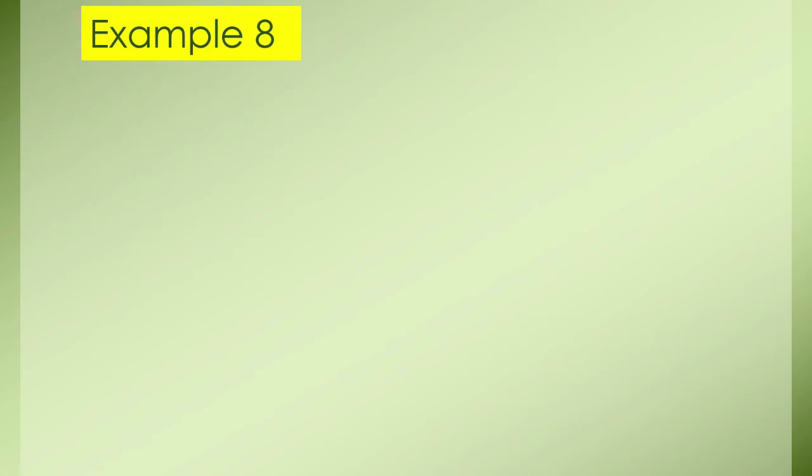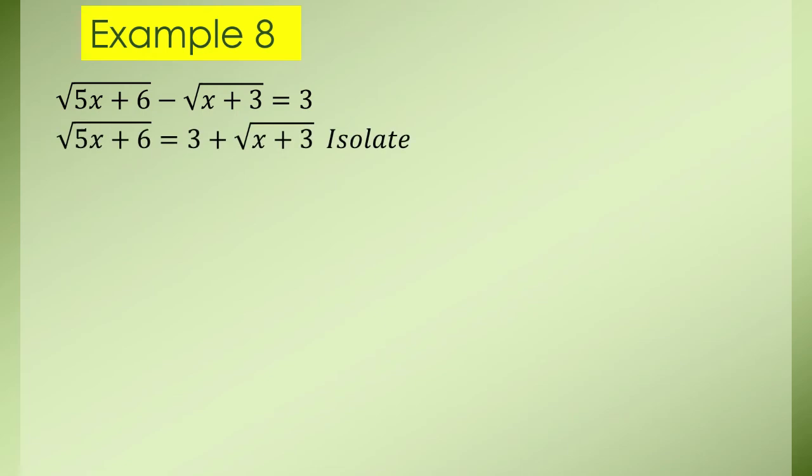Next example, number 8. I have this one. Remember, in this kind of problem, I need to isolate one of the radical expressions. Then I'm going to move these expressions because I need to isolate one of the radical expressions. I'm going to isolate this one.